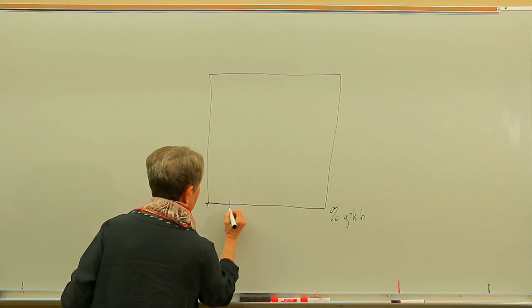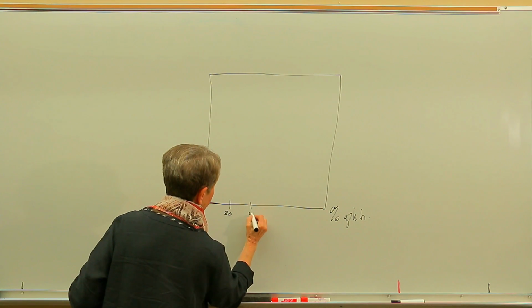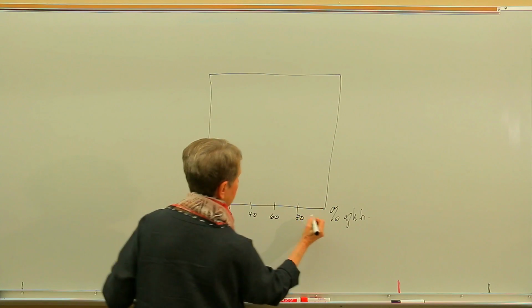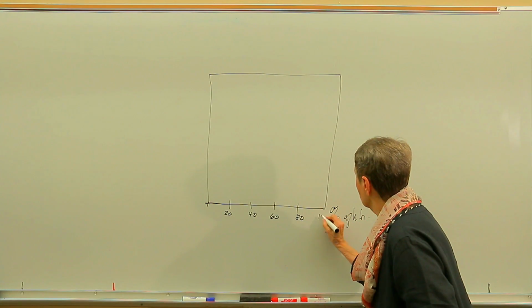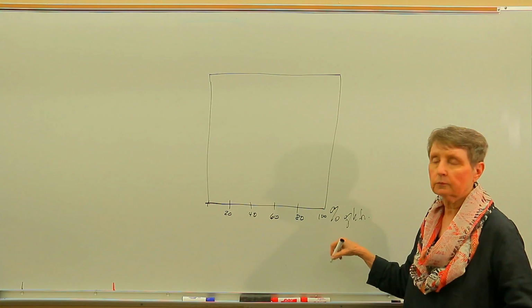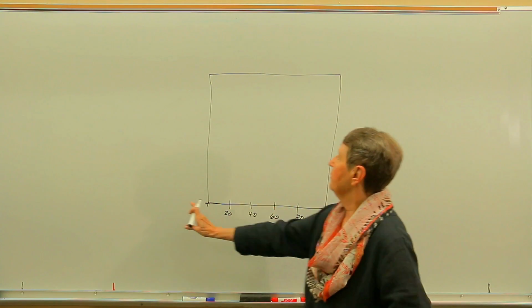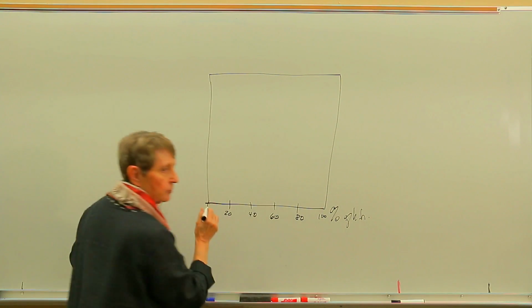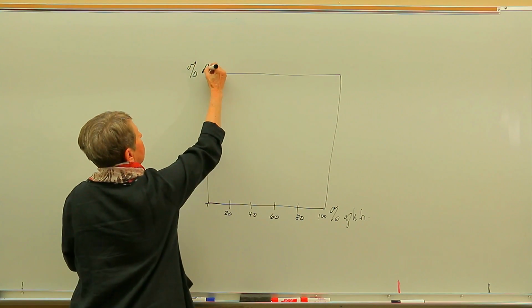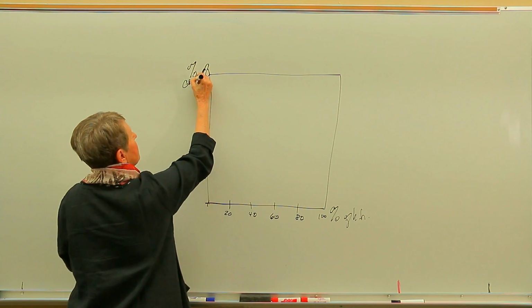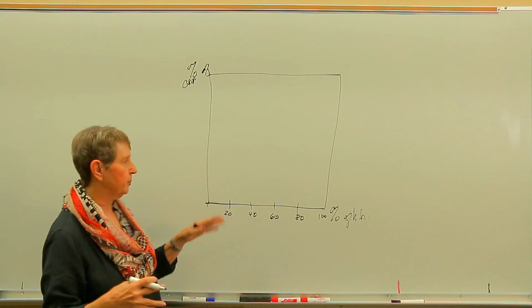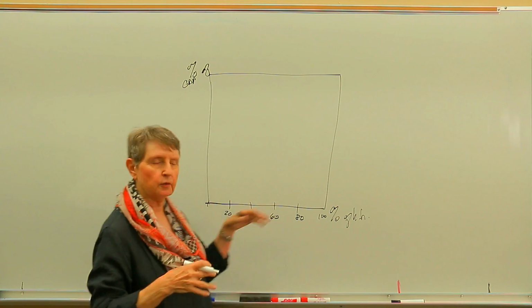So this will be 20%, 40%, 60%, 80%, and this would be 100% of the households in America, or any economy. On the vertical axis, I'm going to put the percentage of GDP, or income. How is income distributed among households in the US?